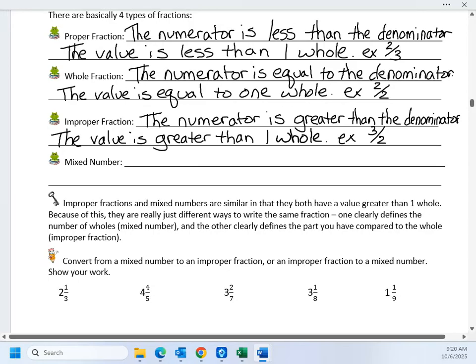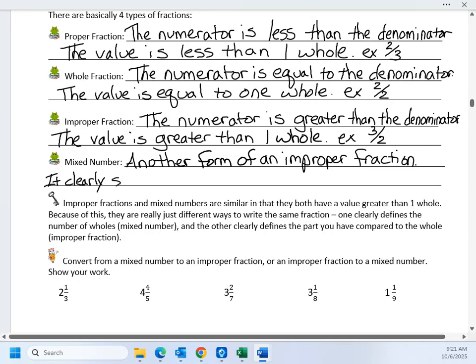So a mixed number is another form of an improper fraction. It clearly shows how many wholes there are.